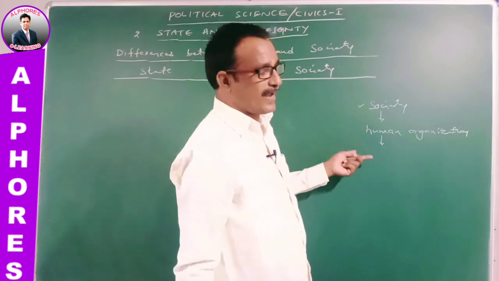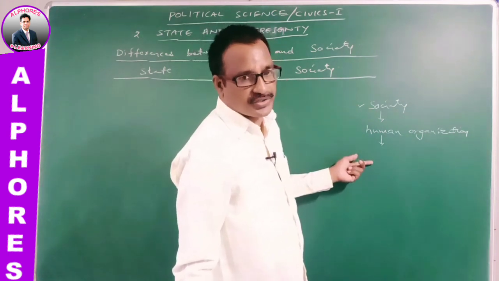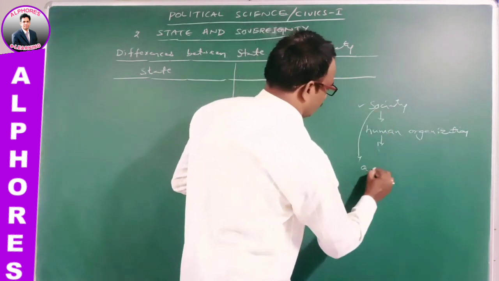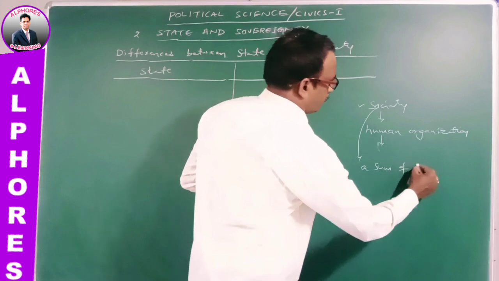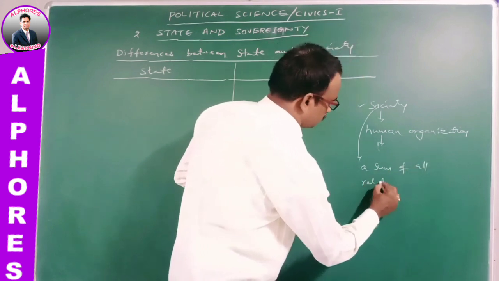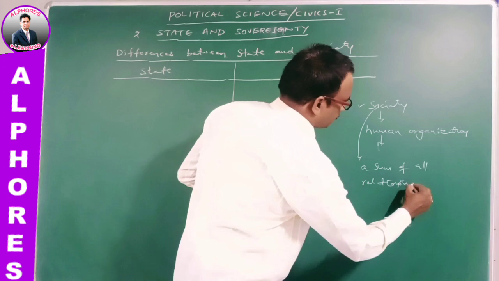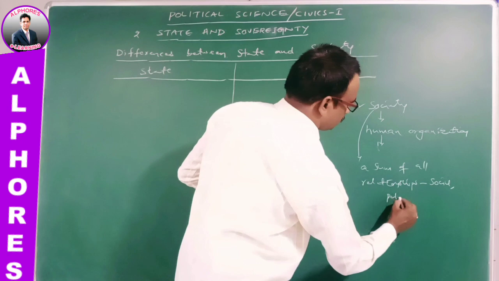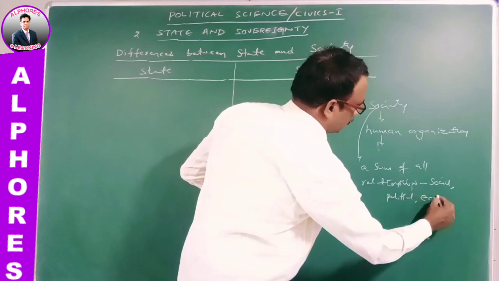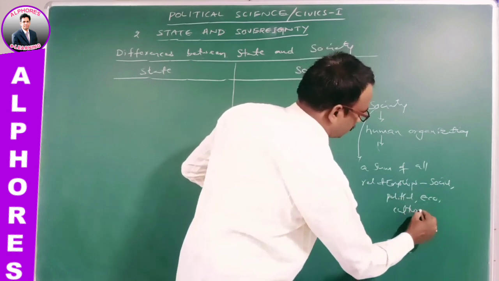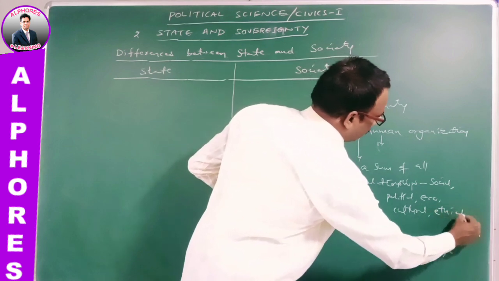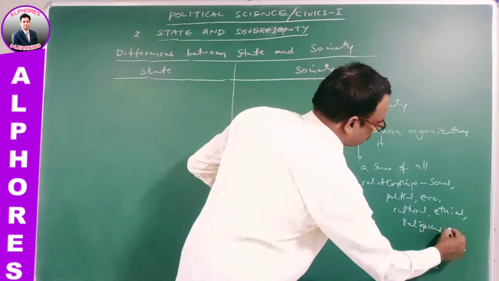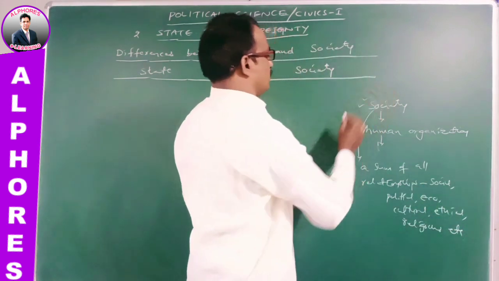So how can we define society? Society can be defined as a sum of all relationships, like social, political, economic, cultural, ethical, religious, etc. So how can we define the society?